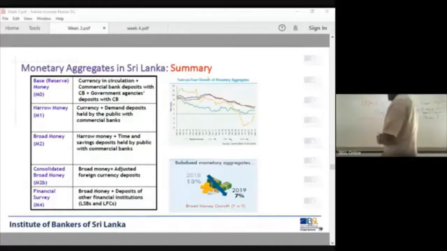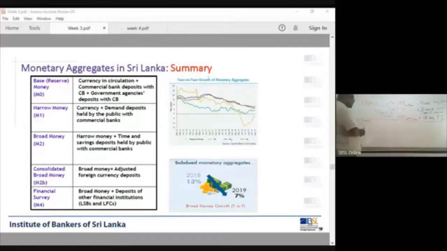Now then, this is reserve money, M0. What is our next component? M1. M1 means narrow money. What I'm talking about here is very important for the exam. I'm summarizing.